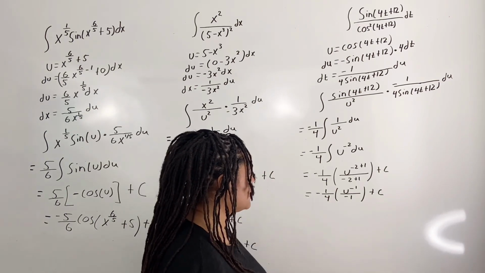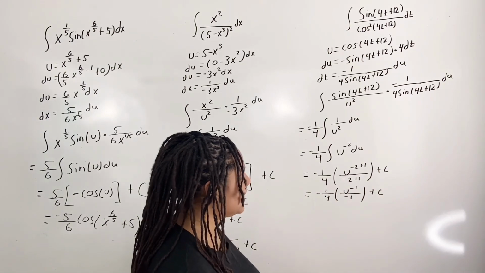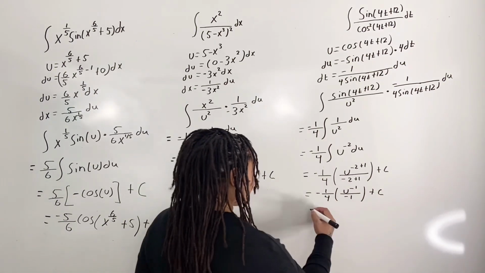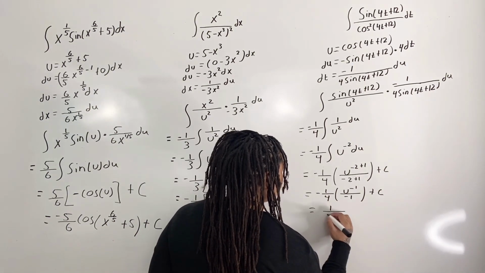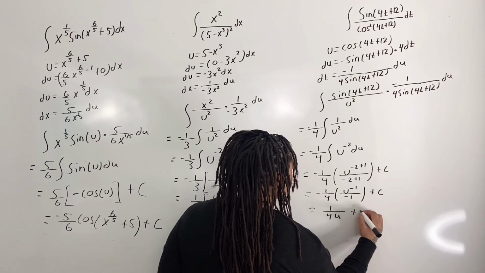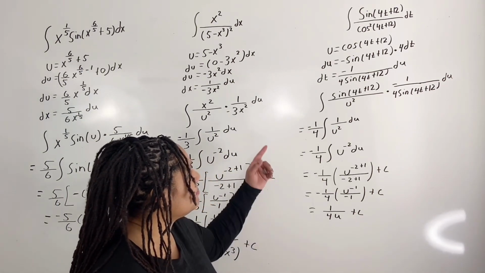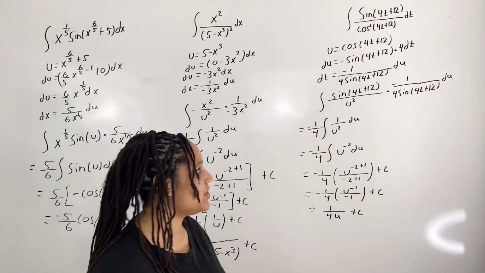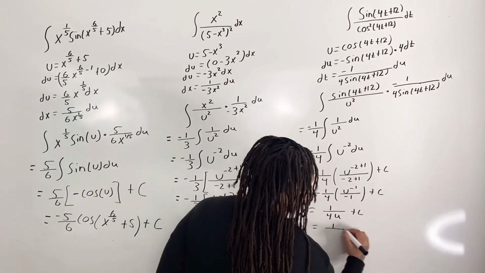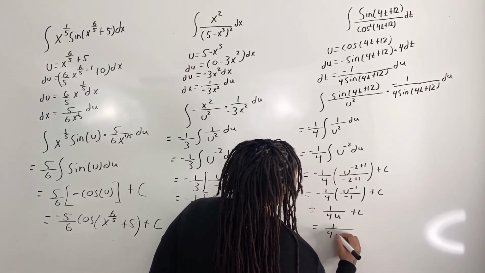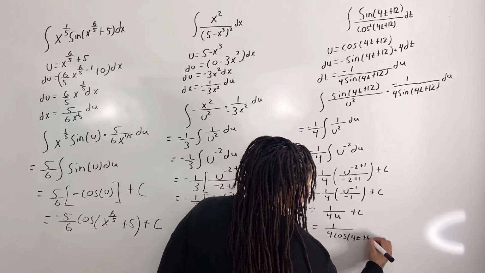And canceling our negatives and rewriting u to the negative 1 as 1 over u, we have that this is equal to 1 over 4u plus c. And now we will plug back in our value for u. So this is equal to 1 over 4 cosine of 4t plus 12.